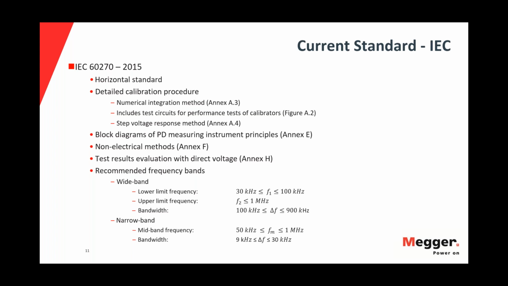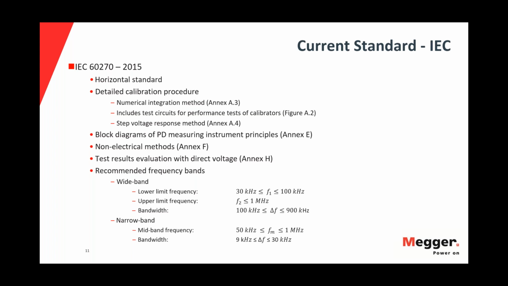It also defines the recommended frequency band. In the IEC standard, there are both wide and narrow band, and a maximum frequency of 1 megahertz is recommended. Keep in mind that the 1 megahertz range is ideal to cover the whole insulation, because as you measure at higher frequency, the range that PD pulses travel will be less.